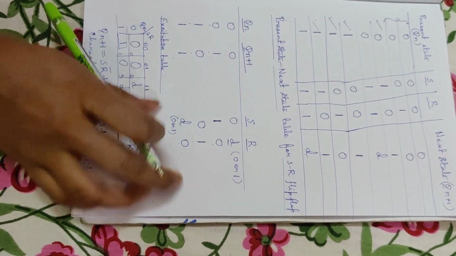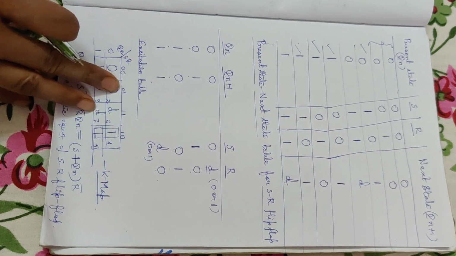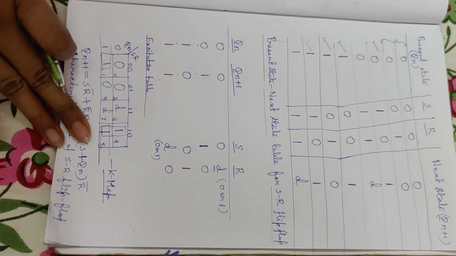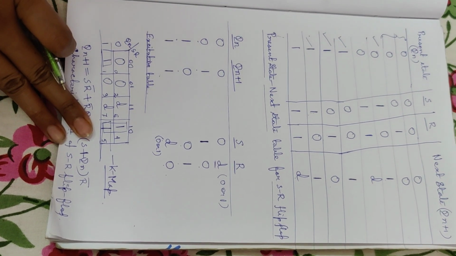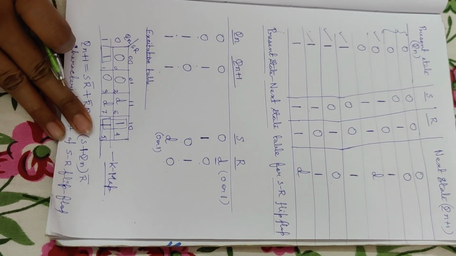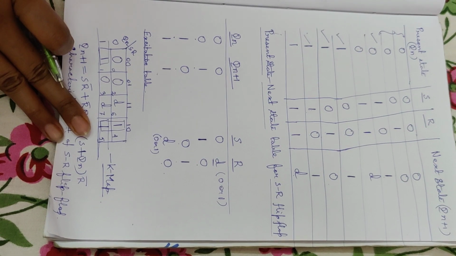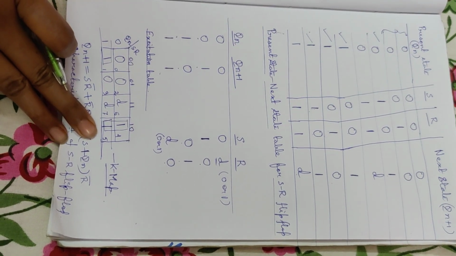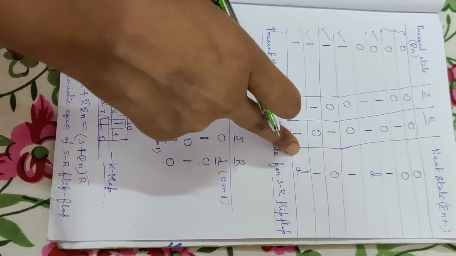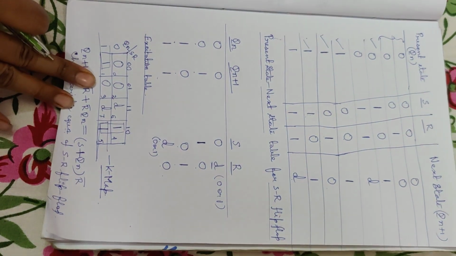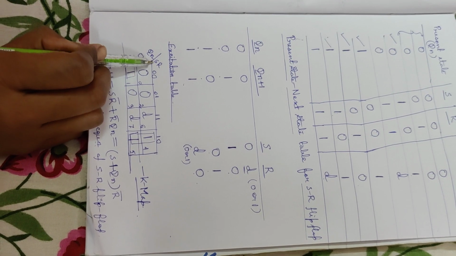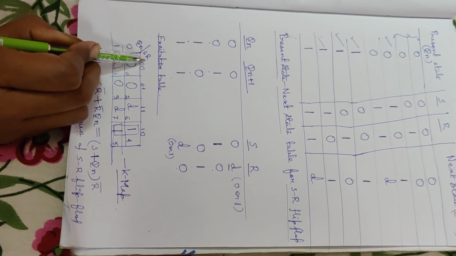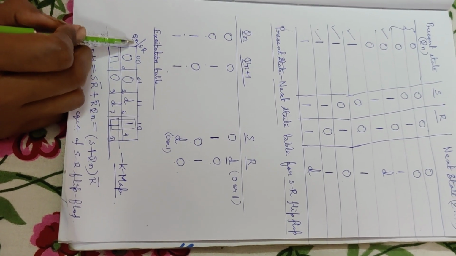Now coming to the K-map or Karnaugh map. A Karnaugh map for the next state transition can be drawn using this table. So here this is the S and R input values, this is Qn.